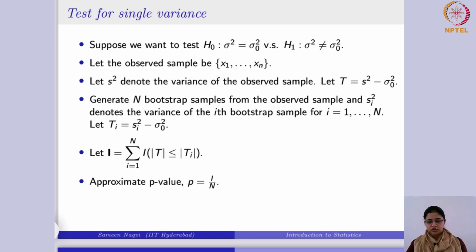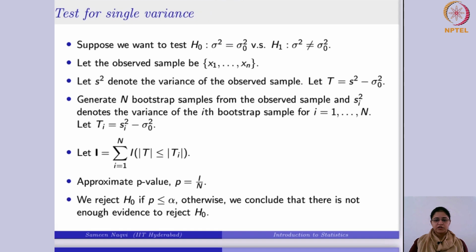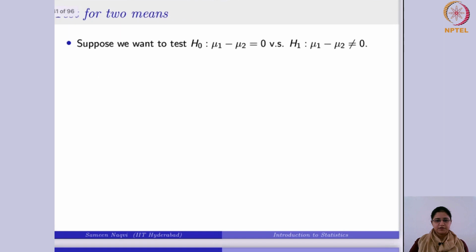This is the proportion of observing that the TI, the observed bootstrap statistic, is more extreme than your observed test statistic. Finally, you can reject the null hypothesis if your p-value is less than alpha. Otherwise, you will conclude that you do not have enough evidence to reject the null hypothesis.